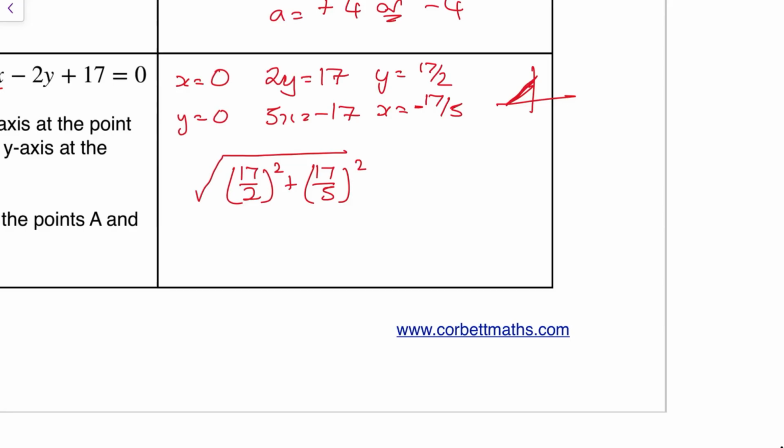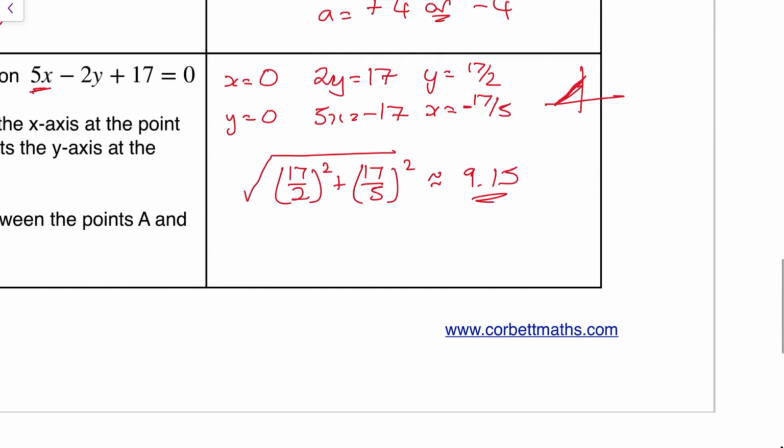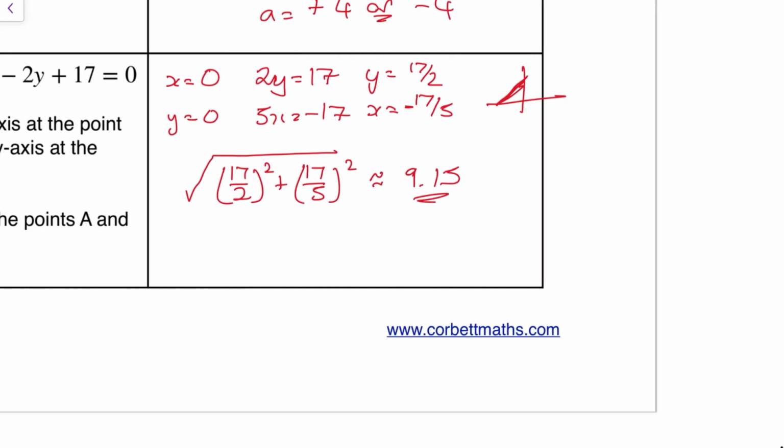It says 17 root 29 over 10, and that is approximately 9.15. So I'm going to put approximately 9.15. The question doesn't want any accuracy, doesn't say exact form, so that will do. Exact form, by the way, I'd say 17 root 29 over 10. It may well ask that in a harder, further mathsy type question.